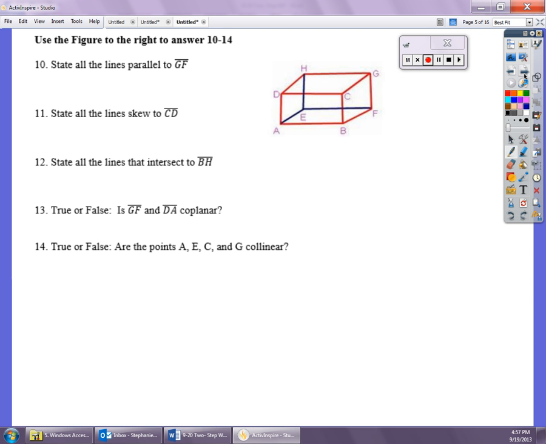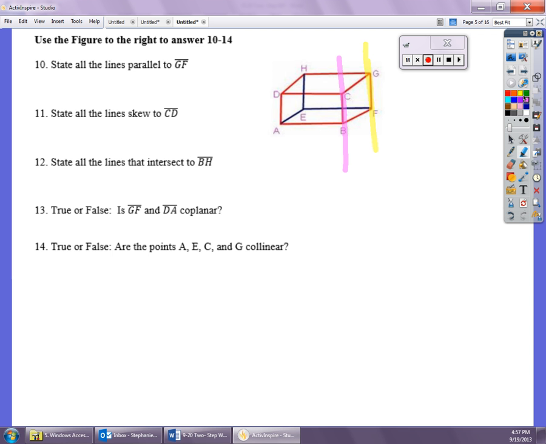Alright, now to parallel, skew, and intersecting lines. If we look at parallel lines to GF, so if I highlight GF right here, I'm going to extend it. I want to find all the lines that are parallel, which means they're coplanar, but they do not intersect. So we have CB, that's parallel to it.